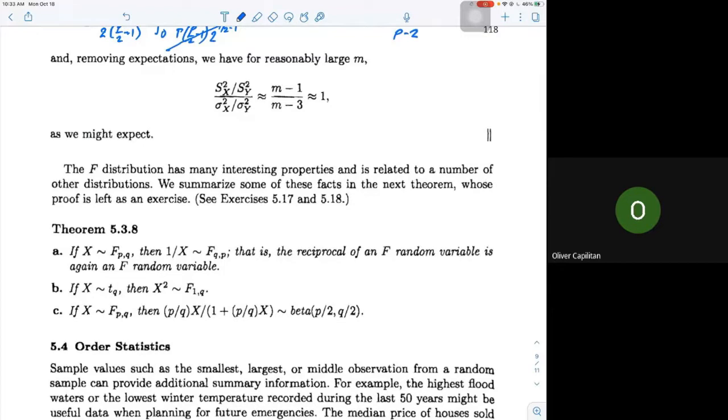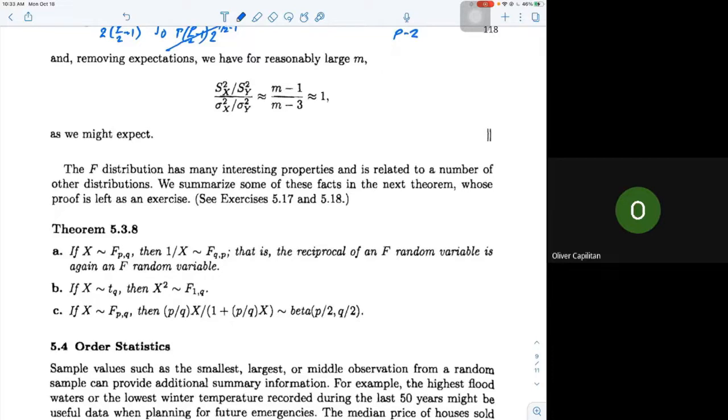It has been stated in theorem 5.3.8 that if X has an F distribution with p and q degrees of freedom, then 1 over X will also have an F distribution but with q and p degrees of freedom. So that is, the reciprocal of an F random variable is again an F random variable.